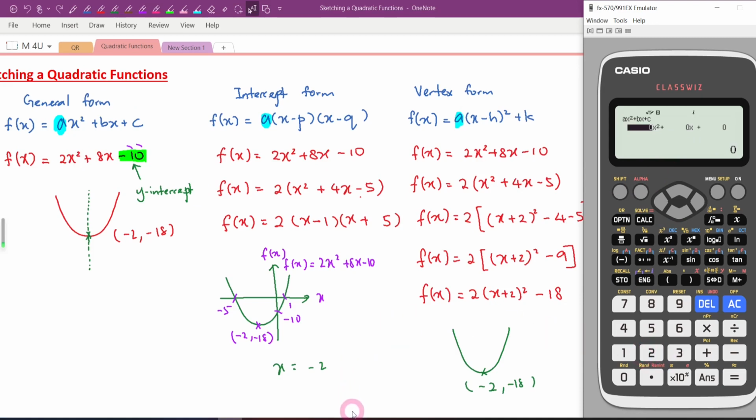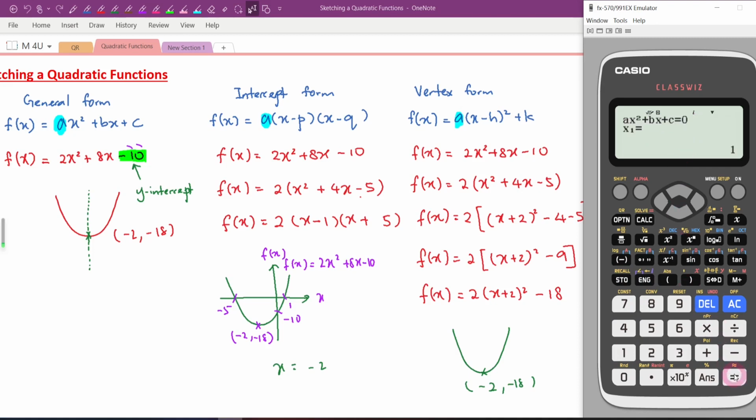Okay, so what I need to do, just key in the 2, positive 8 and negative 10 inside here. Positive, you don't have to key in because it's already there. If negative, you need to key in. So 2 equal 8 equal and negative 10. Press equal. Make sure every coefficient, every number is keyed in correctly.